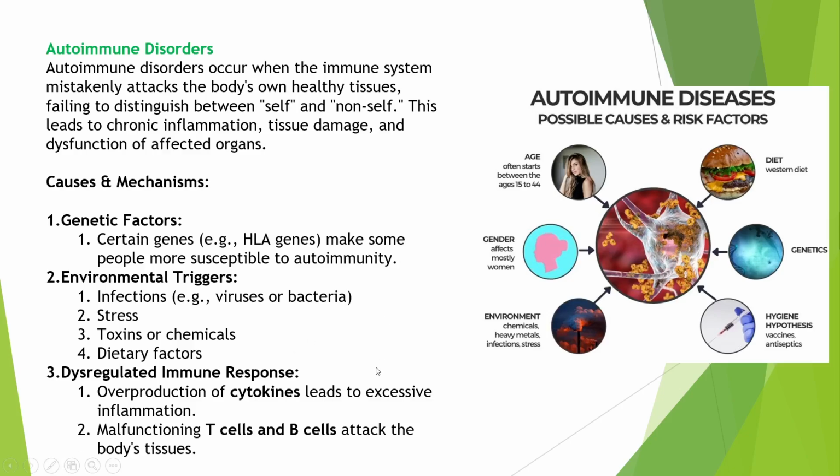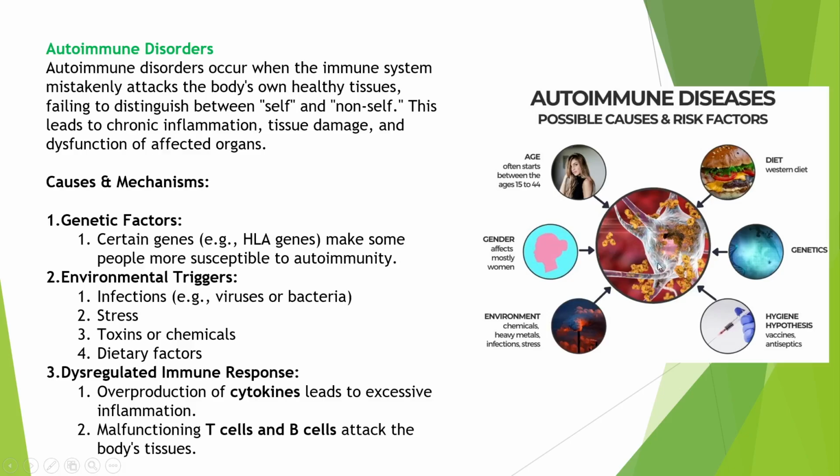If that is disturbed, if there is excessive production of pro-inflammatory cytokines, it will definitely damage your self cells also. If your T cells and B cells are not functioning properly, not identifying your cells properly as self cells, that will also cause an attack of immune cells on your healthy cells.